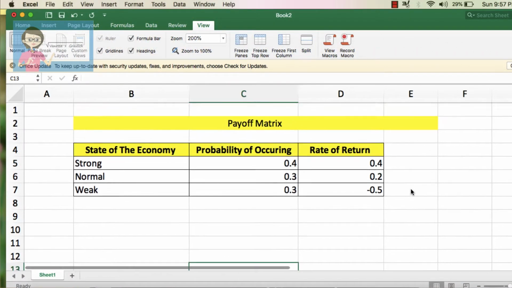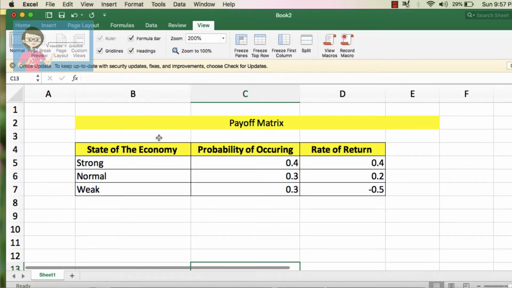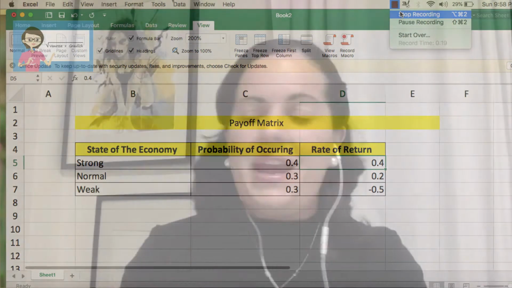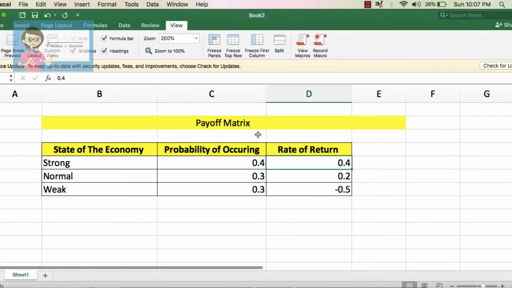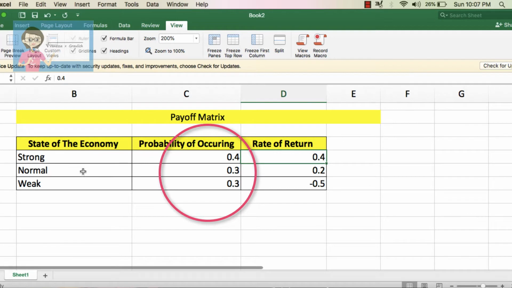Investors sit down and ask how strong, how normal, or how weak they think the economy is going to be in the next year. Depending on the sales, and they get all the big data, they figure out that the probability of a strong market is going to be 40%, or having a lot of sales. Normal is 0.30, and then the weak is going to be 0.30. Notice that the addition must always equal 1.